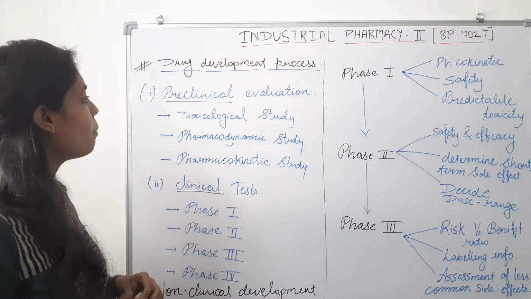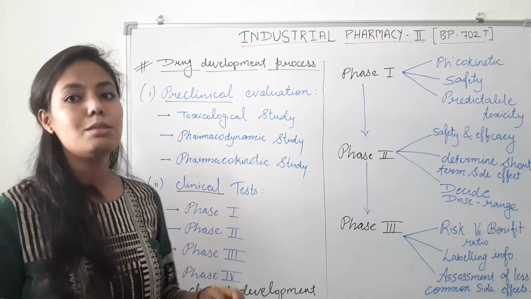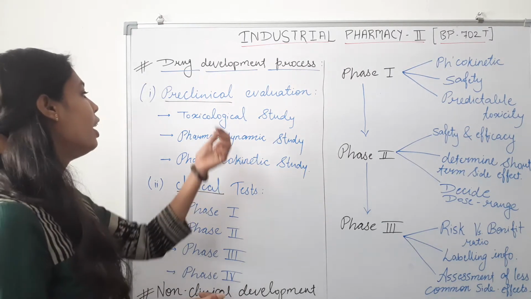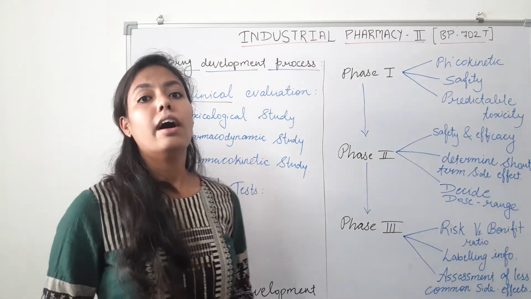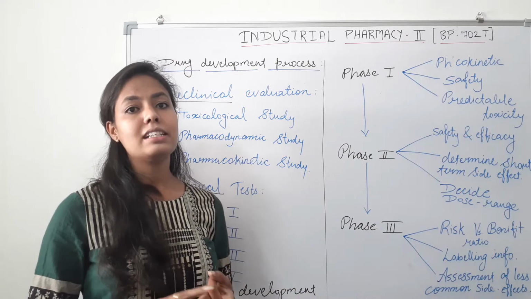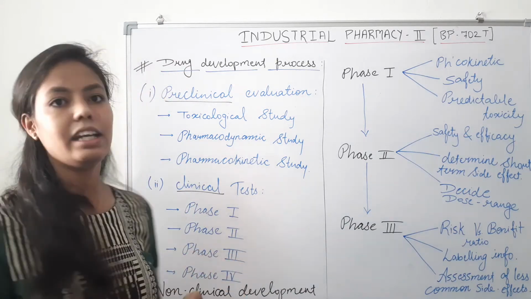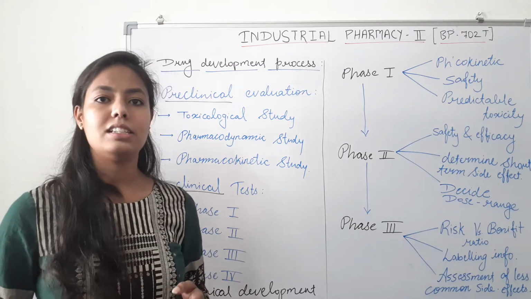After the successful completion of preclinical evaluation, we will go for the clinical trials. But before going for the clinical trials, we will talk about the various types of toxicity. The various types of toxicities are acute toxicity, subacute toxicity, chronic toxicity, reproductive toxicity, carcinogenicity and mutagenicity.